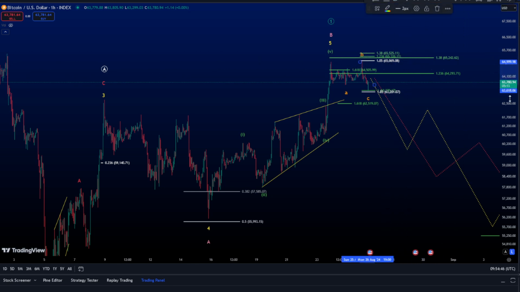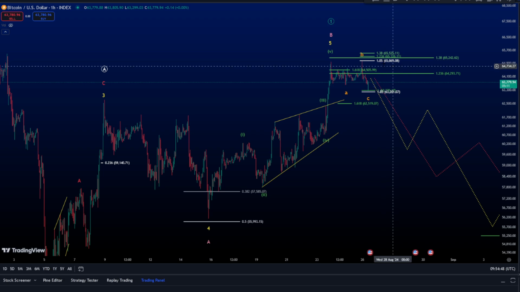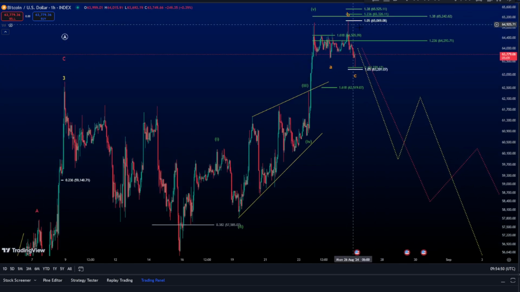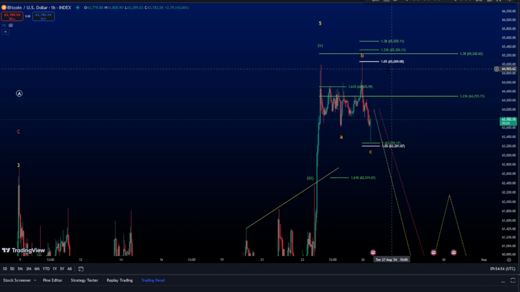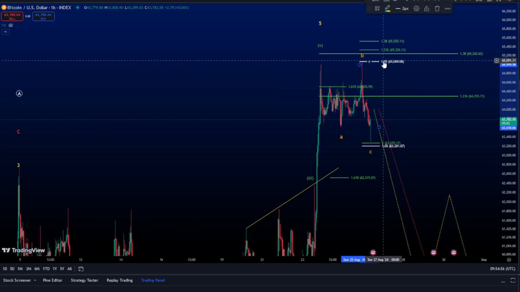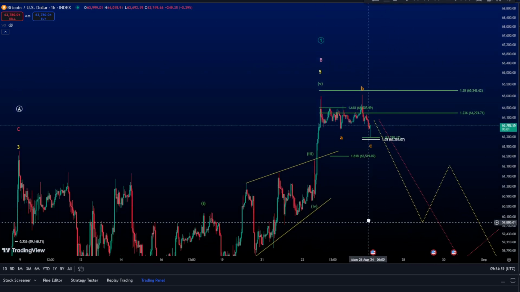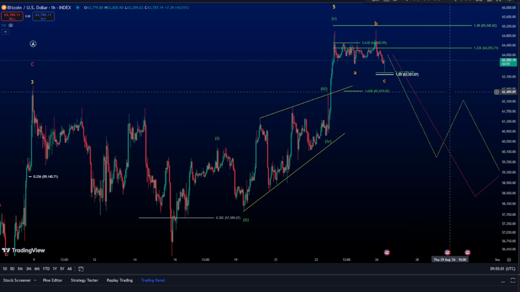If that happens, by the way, this fib level is for the wave B as a regular flat or expanding flat, and it has reached here 1.05. I'm going to remove it just for clarity, okay? It's not needed anymore.